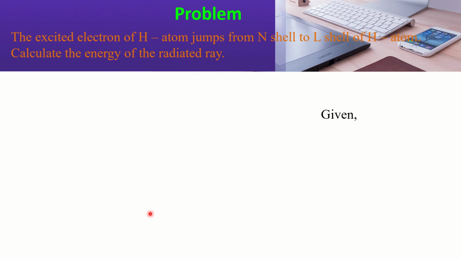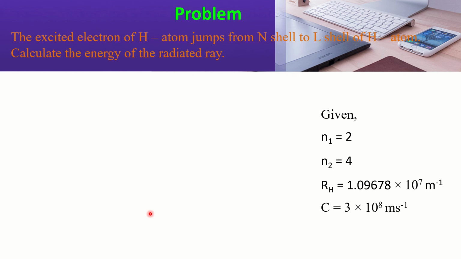Here n1 equals 2 and n2 equals 4. You know the Rydberg constant, and we need the value of c, the velocity of light, and also the value of h, Planck's constant. All these values are known to you.